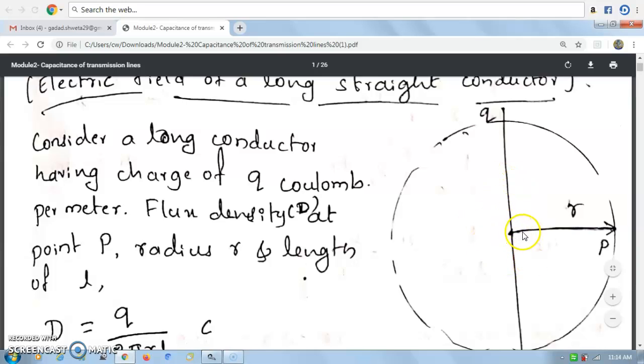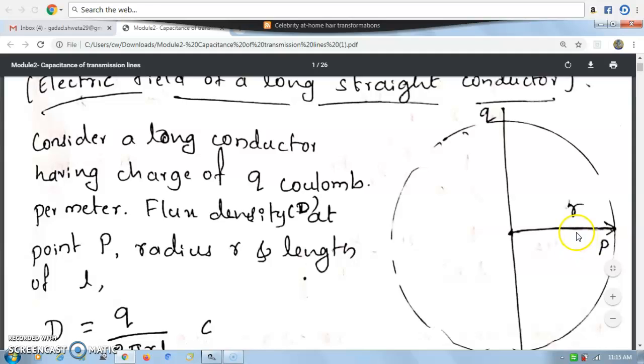In the dielectric medium, the flux density, expressed as capital D at a radius r meters from the conductor, can be obtained by assuming a cylindrical surface concentric with the conductor and of r meter radius.